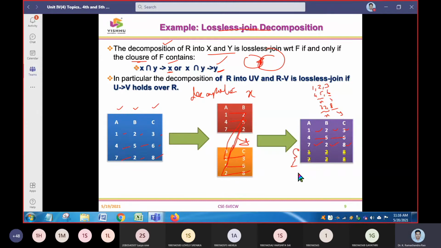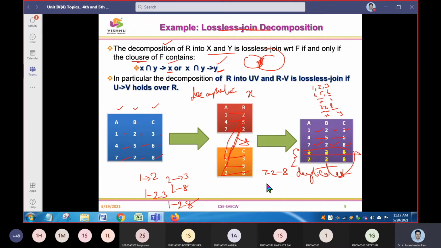Now we have the second part that we call duplicates. What are duplicates here? I get a relation from 1 to 2, and here it is showing 2 to 3 and 2 to 8. So obviously I can write 1 to 3 or I can write 1 to 8, but 1 to 8 is going to be a duplicate value. Similarly, I have another relation 7, 2 and it goes with 8.